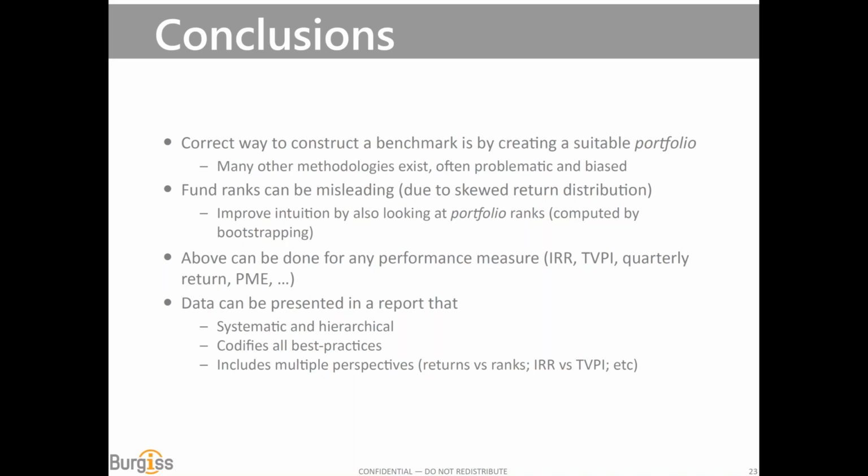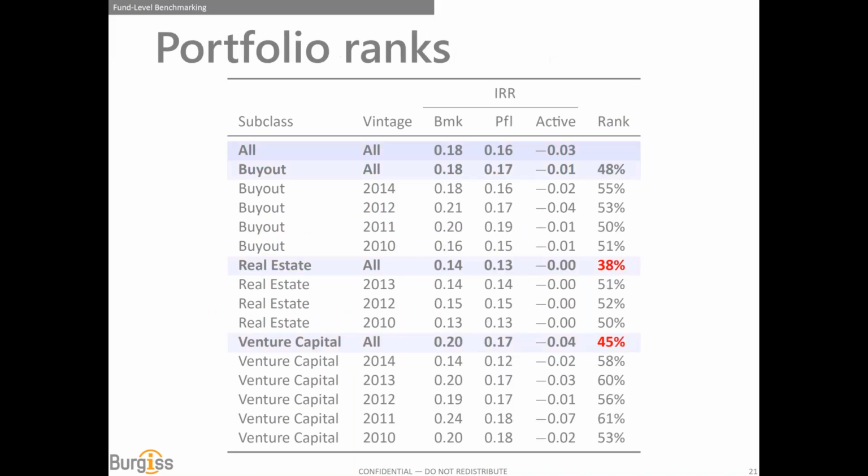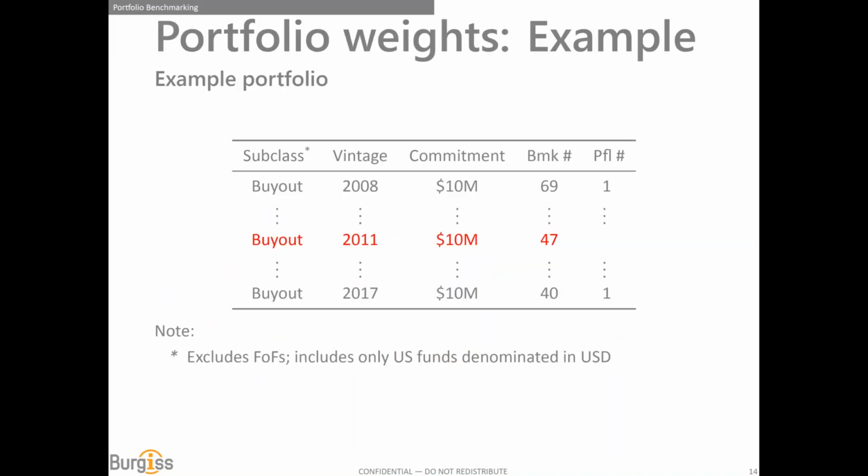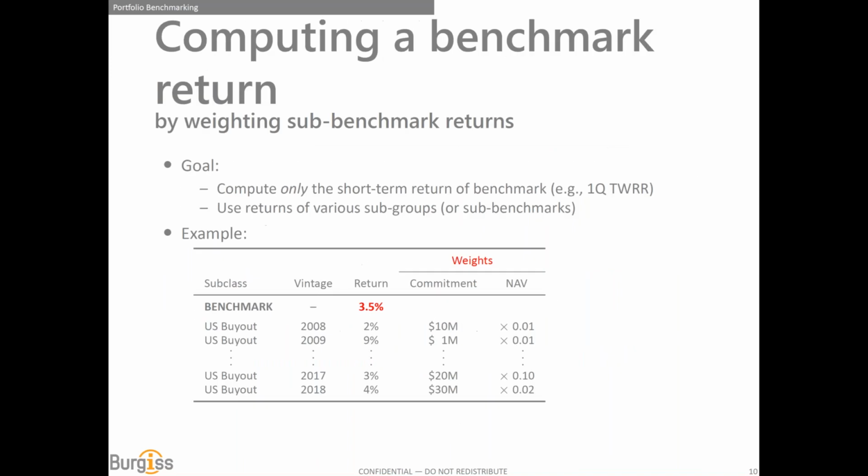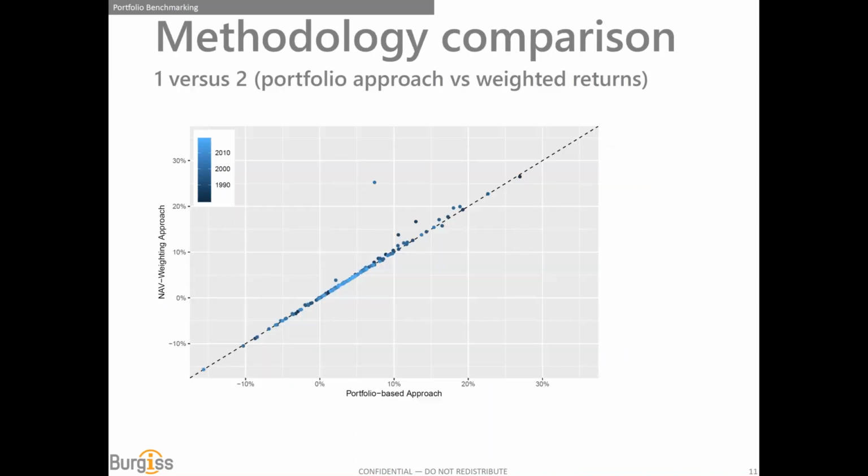Okay, thank you, Chris. Let me start with one which I think is fairly quick. Why does the benchmark NAV weighting approach occasionally exhibit large deviations from the portfolio-based approach? So the idea there, I think, is that if I go way back to this slide, I just casually mentioned that there were a number of outliers when you computed using the return weighting approach, but I didn't explain what caused the outliers.